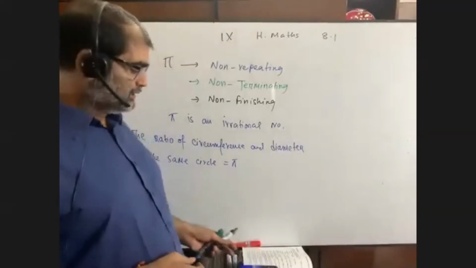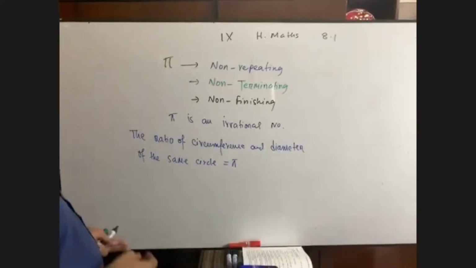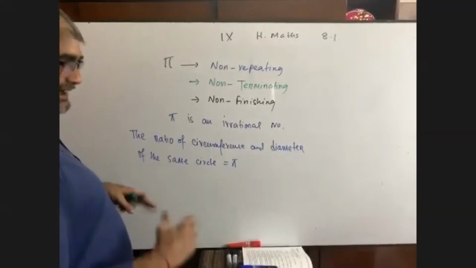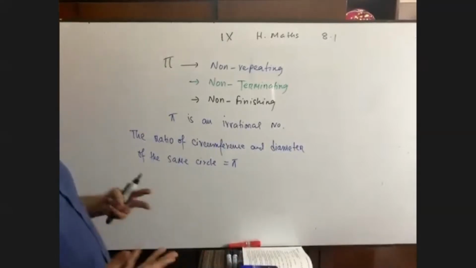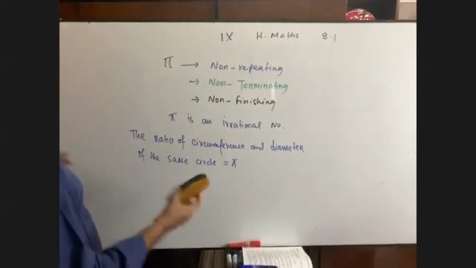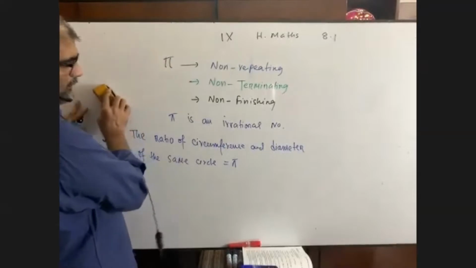Pi is irrational because pi cannot be expressed as a ratio of two integers. We cannot express pi, and none can express pi, that way. So it is an irrational number.